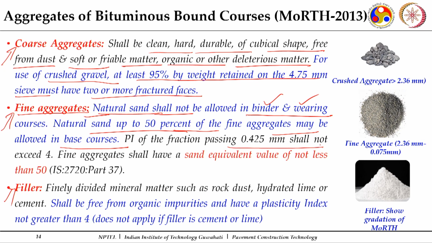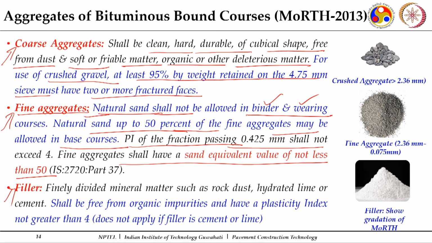In addition to this, there is a requirement that the fine aggregate should have a sand equivalent value not less than 50, because this in one manner or another ensures the amount of clay content which can be there, the fineness of that particular material. So we want to avoid the clay content in this. This can also be ensured through the plasticity index requirement which is given.